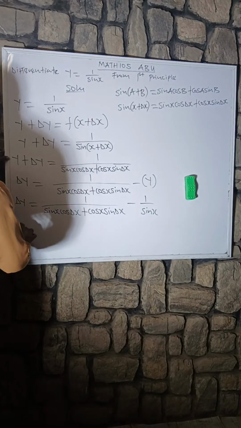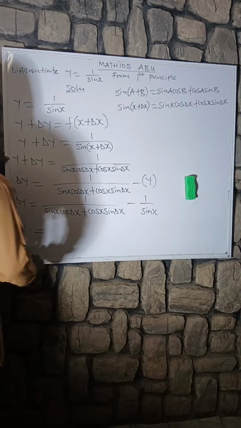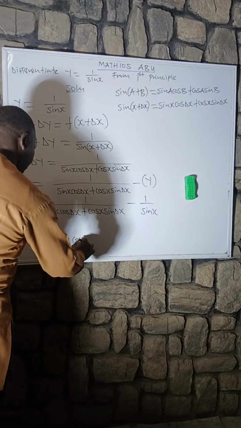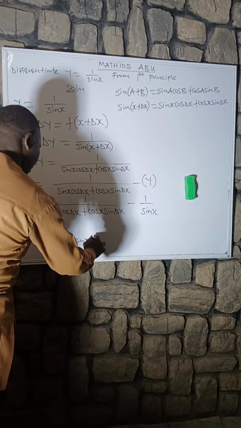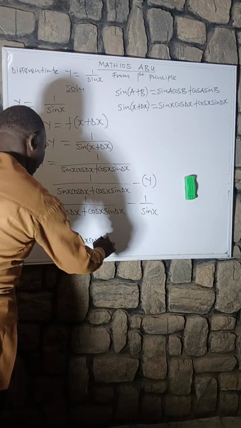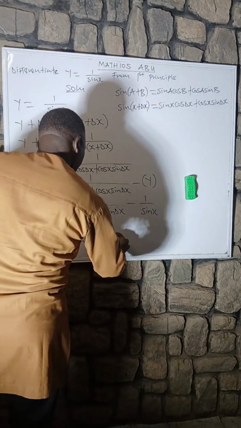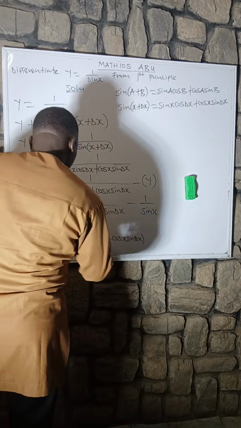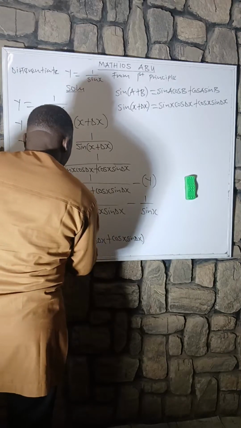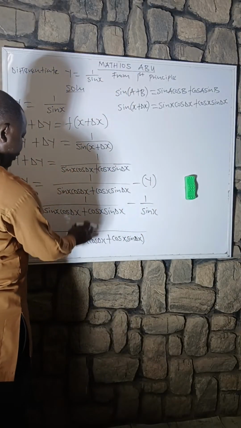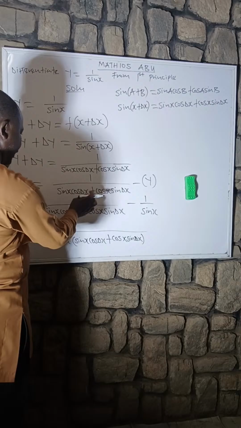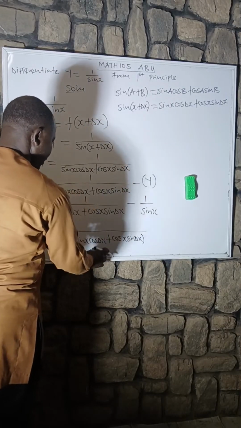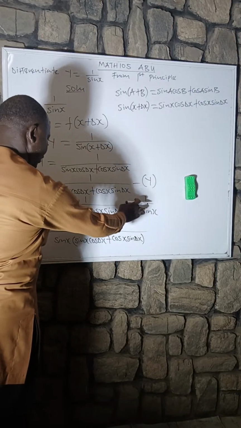So it means our dy now equals to sine x, open brackets, sine x cos dx, then plus cos x sine dx, then because this divides this, sine x, then this divides this and this will cancel, we'll be left with this, but mind you, we have minus.